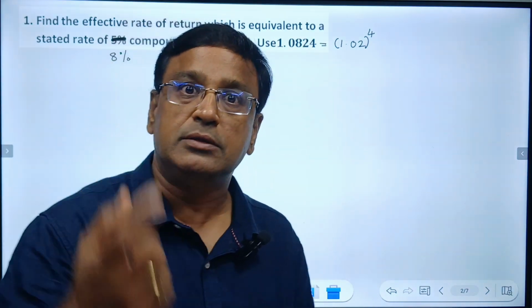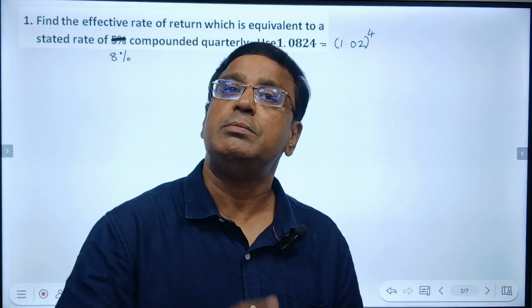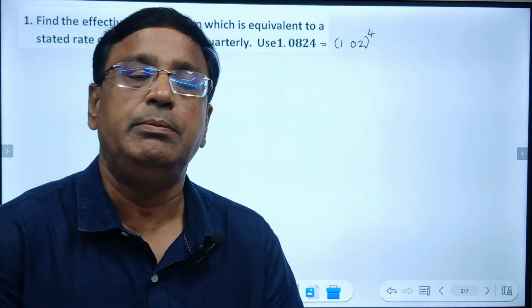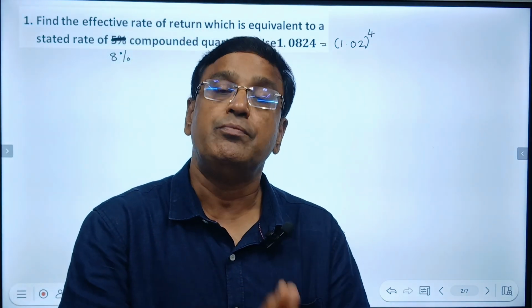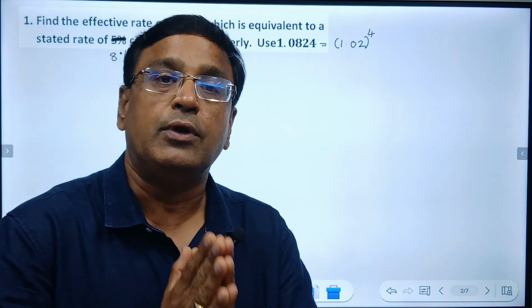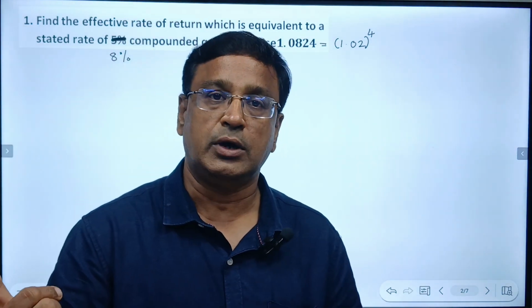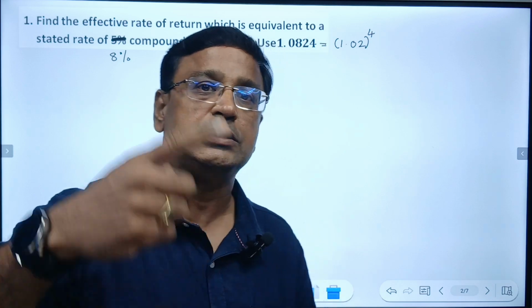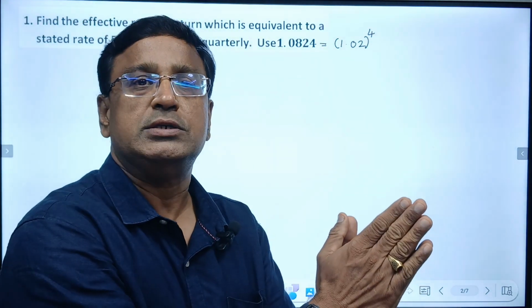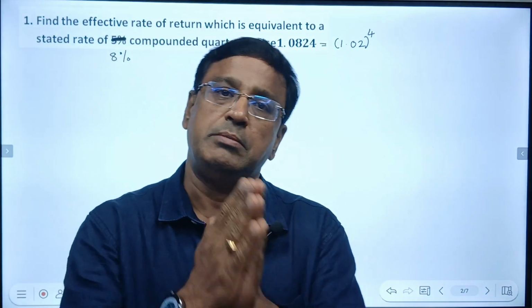If you make it monthly, the effective rate of interest will be more. So always remember, the effective rate of interest will be more than the nominal rate of interest, and it will definitely be more if the compounding increases. Of course, when you do it continuously, for infinite period of time, it will come to a stagnating value, that is e power r minus 1.